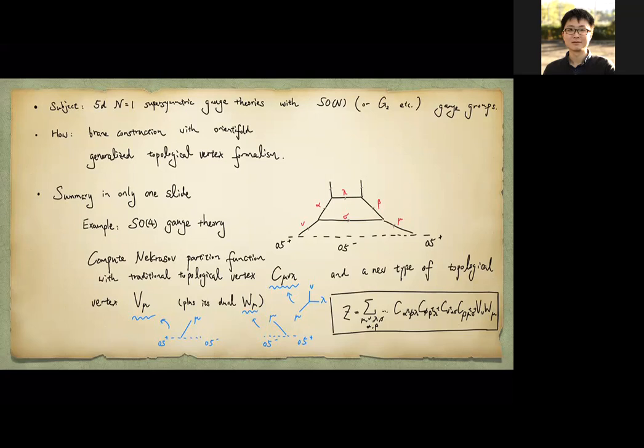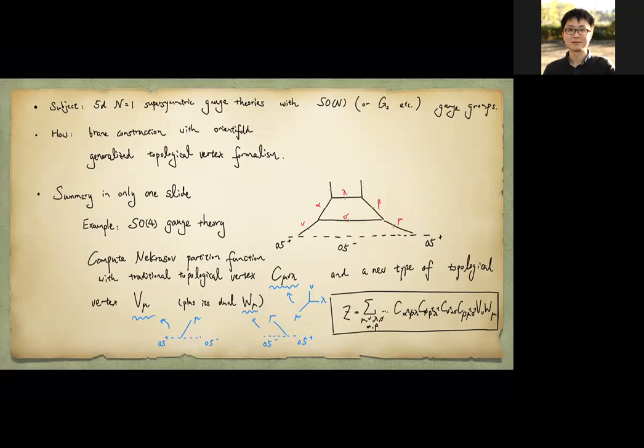What we use is brane construction with orientifolds and also the topological vertex formalism, generalized so it can be applied to brane constructions with such orientifolds.